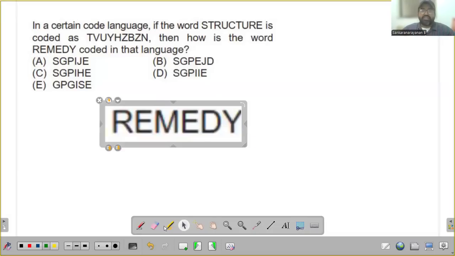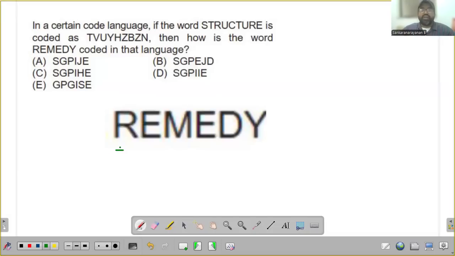So applying the same logic, R plus 1 is S. E, F, G. So it should be S, G. M, N, O, P. So it should be S, G, P. Okay. Then here itself you can eliminate option E. Okay. Then the next one, E plus 4. F, G, H, I. E, F, G, H, I. D plus 5. 5 plus 4 is 9.